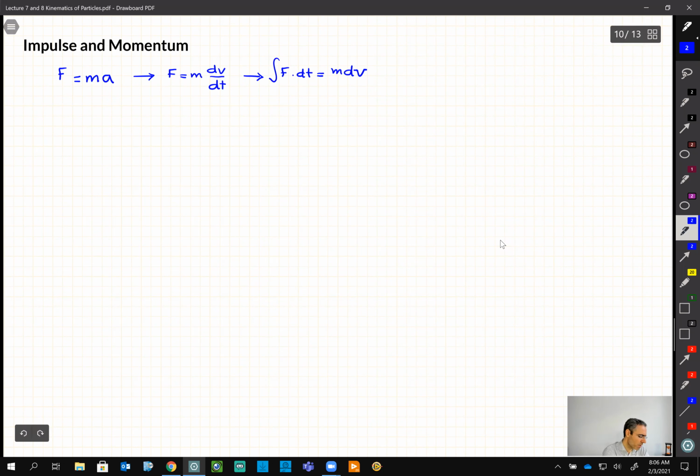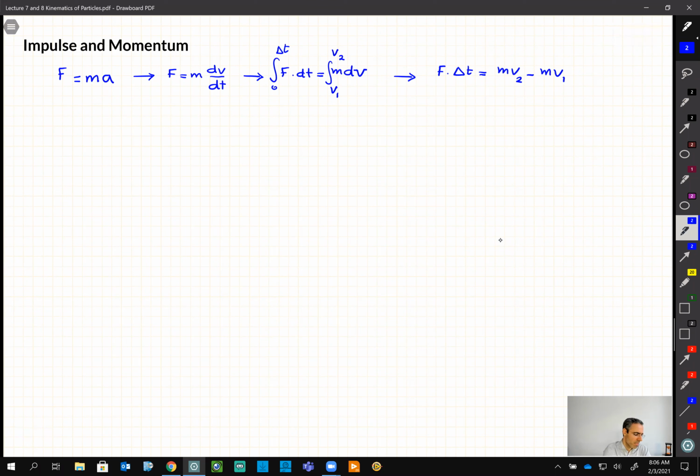But if we do an integral, and let's say we always start from time 0 and get to a certain time, delta t, 5 seconds, 10 seconds, whatever, and velocity, let's say we start from velocity 1 and go to velocity 2. Since F is constant, mass is constant, then I can rewrite it as F multiplied by delta t equal to mv2 minus mv1.